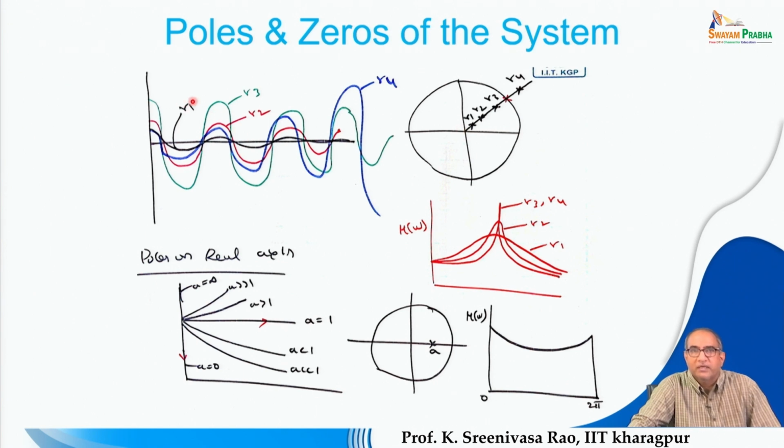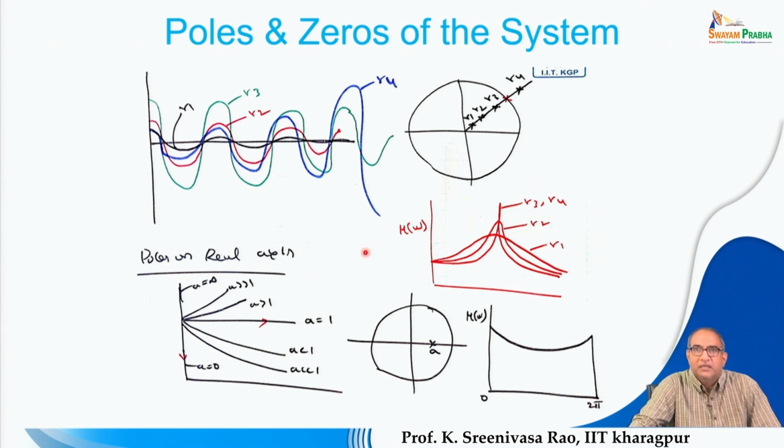So they will slowly damp and converge, whereas R4 offers the growing sinusoidal. So with that the system becomes unstable, right.